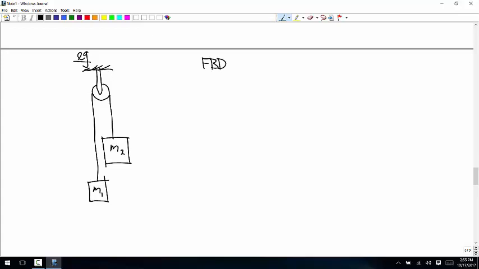Then a free body diagram of mass 1 looks like this. You have the weight force of m1g, and the force applied by that cable is parallel to the cable, so it's vertical. And it's away from the chosen object, so it has to be up. The variable I'll associate with that, I'll call it T1, T for tension.